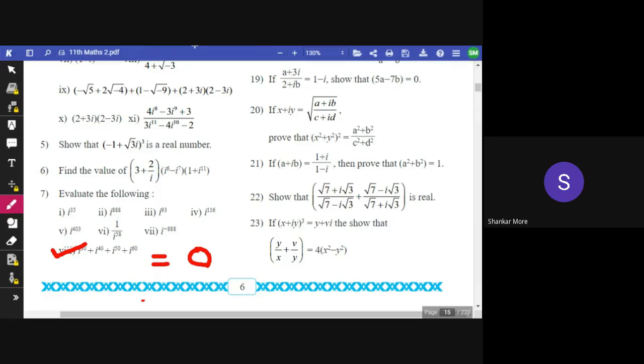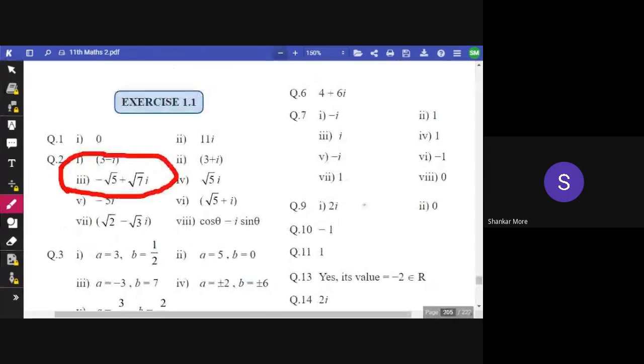Oh yeah, it's 0. Correct. We didn't make the mistake. I thought we made a mistake. They have just written minus root of 5 and minus root of 7, so they have made the mistake. They should write it correctly.